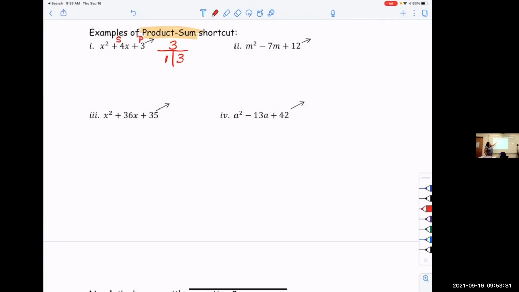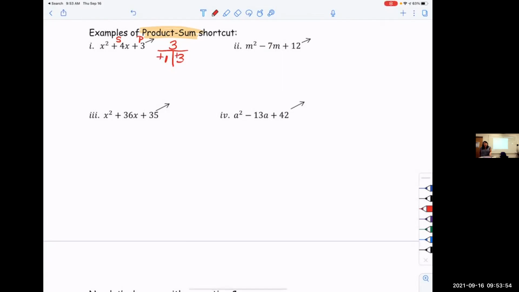Can I add or subtract 1 and 3 to get a 4? Yes. I could add it to get a 4, subtract it to get a 2, but I want a positive 4. What do the signs need to be for me to get a positive 4? Both positive. You see that?